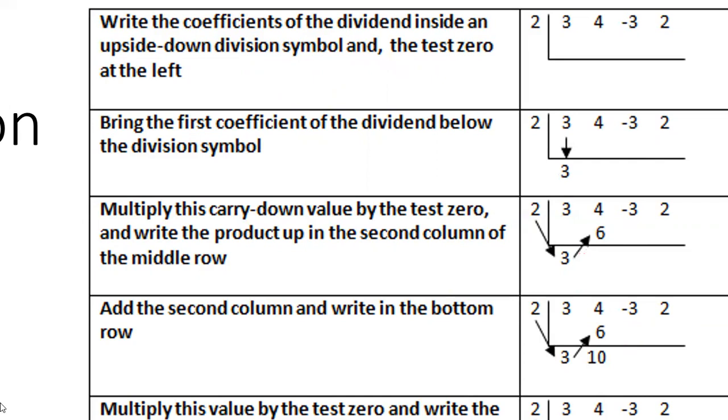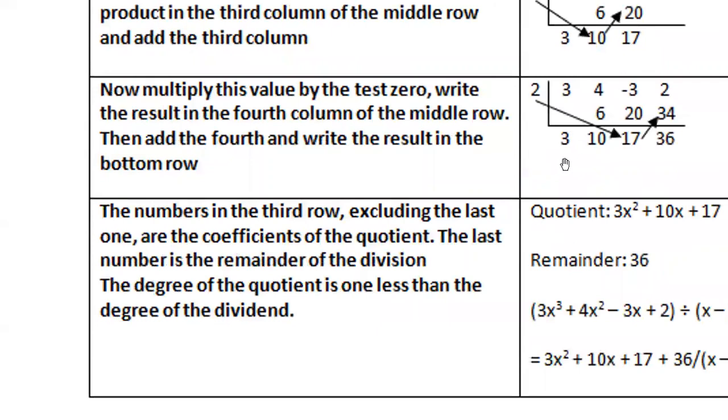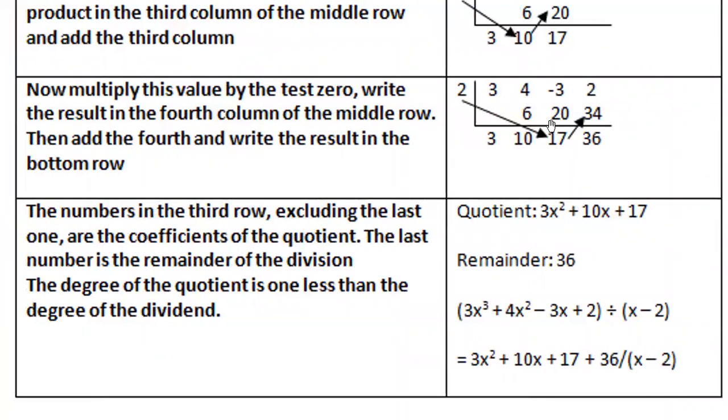So I'm gonna zoom out. So that's all we did. Now, when you're done, what you're left with is your solution. Because you divided, that means you took the dividend down 1 degree. So instead of this being a cubic, it's now a square. So these are the coefficients of your quotient.